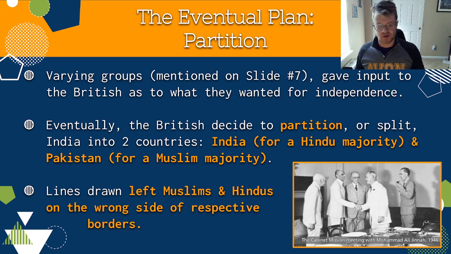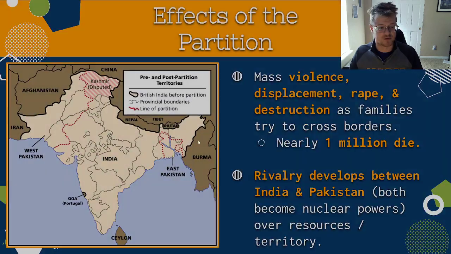We're going to partition or split India into two countries, technically three eventually, but for our purposes here, two. India for Hindus and Pakistan for Muslims. And the lines the British draw, that I'm about to show you, are going to leave people, whether they're Sikh, Hindu, or Muslim, on the wrong side of some of these borders.